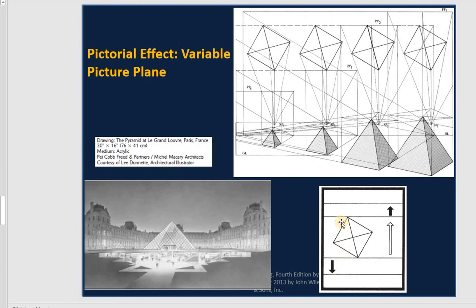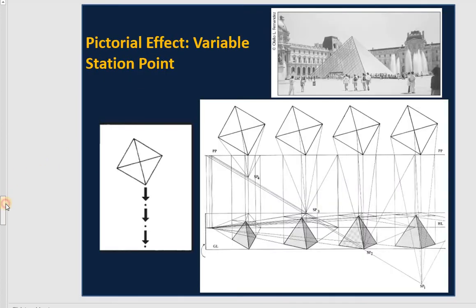It depends on whether you move up or down, and you can see that it's different. You see another one with the same angle, but you change the standard point.